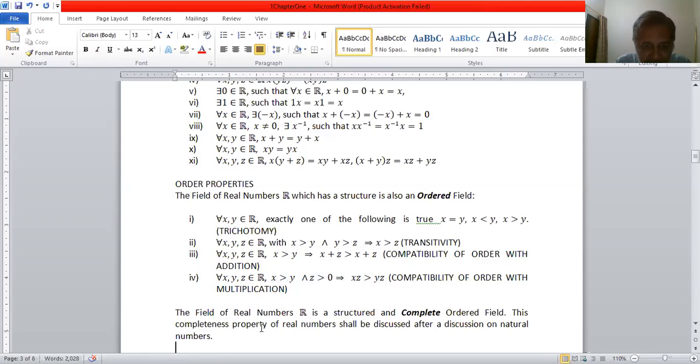This completeness property of real numbers shall be discussed after discussion on natural numbers. So we have this fact about real numbers के उसमें structure भी है, उसमें order भी है, वो field भी है, उसमें completeness भी है. ये सारे अल्फाज जो हैं ultimately leads to what?